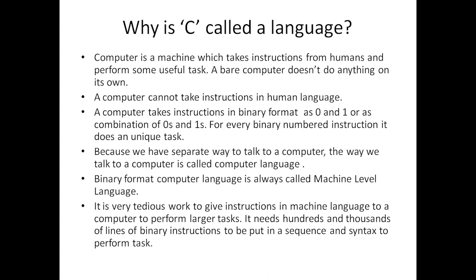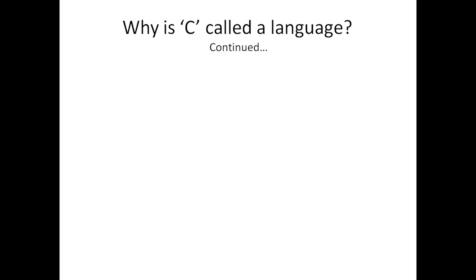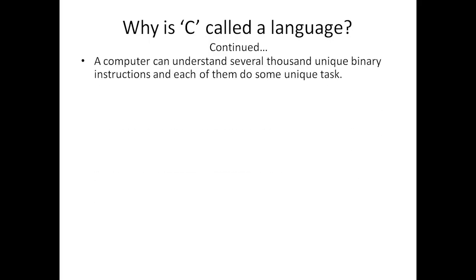Like that, for every unique task, it recognizes that task in binary format. A computer can understand several thousand unique binary instructions, and each of them does some unique task.